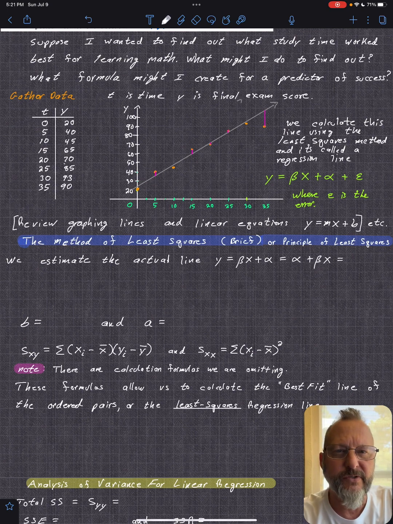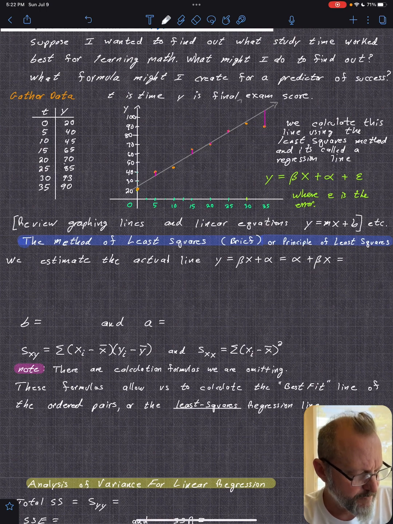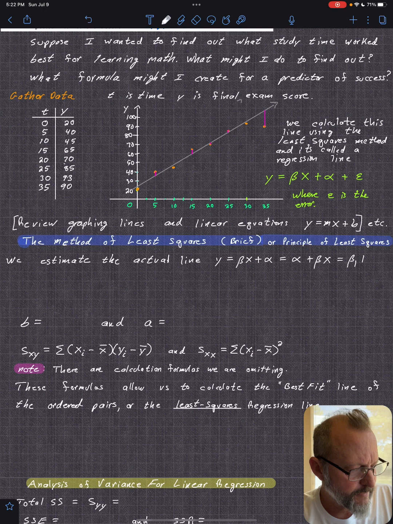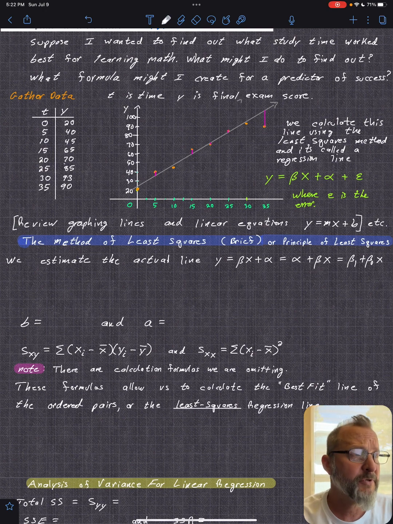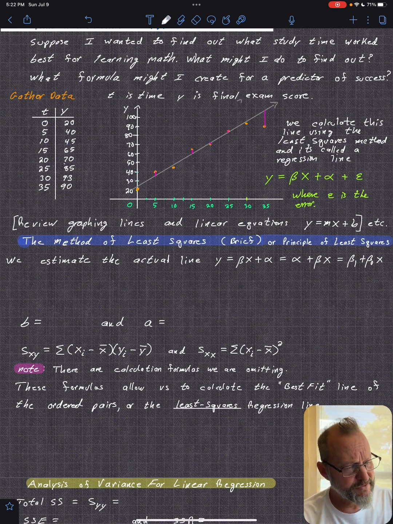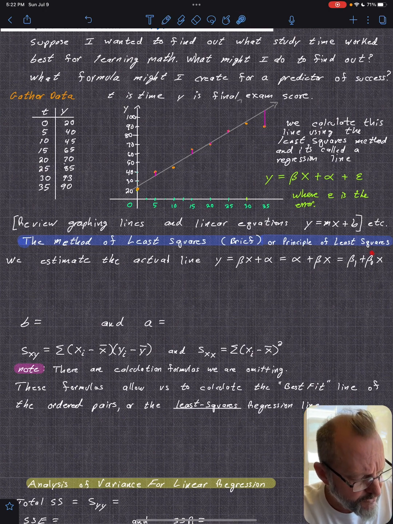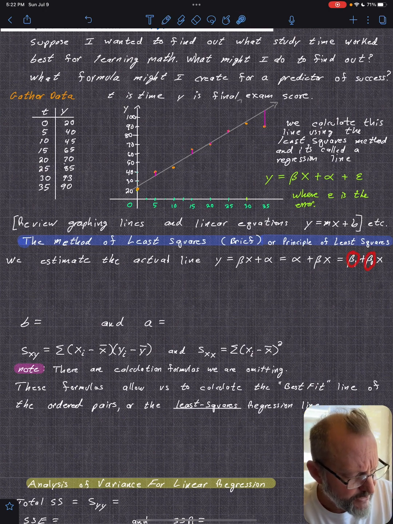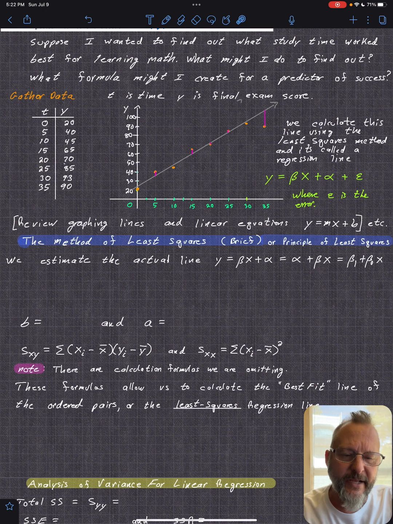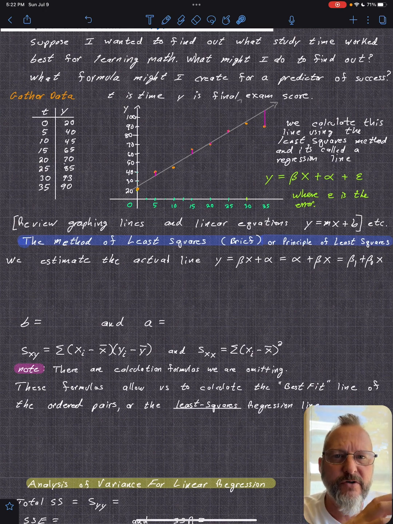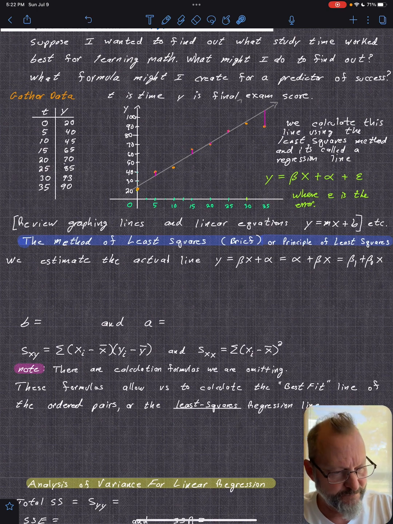Other books will use something like beta 1 plus beta not x. They don't use it in this book, but that's sometimes what they're referring to. These are the coefficients. When you see coefficients, that's what they're talking about. And we'll look at how good a fit those coefficients are to an actual line.